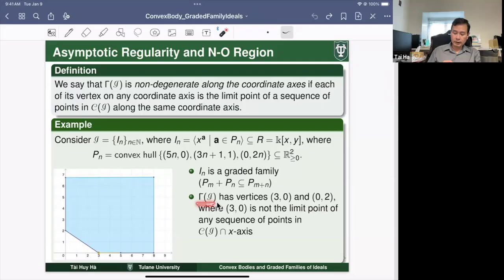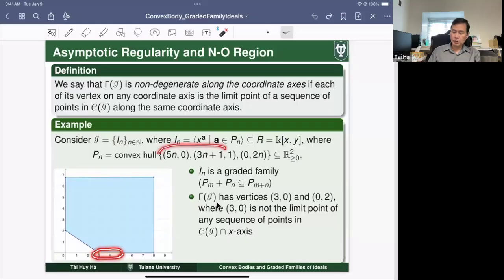And if you check, the Newton-Okounkov region of this is the region with vertices being here and here. However, the limiting body would be similar to the Newton-Okounkov region, except that it's missing this line segment from 3 to 5.